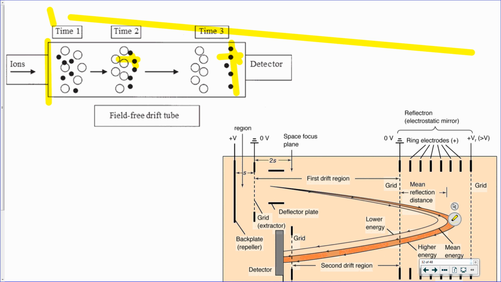Then some ingenious people put their hats on, and they thought, well, let's make it run down there, turn around and come back. So they put up an electrostatic mirror on the other end, where they have a series of reflecting electrodes. These are just circle plates that the ions are running into, and they've got a staggered, increasing potential difference, just like a photomultiplier tube with a voltage divider set up with resistors.